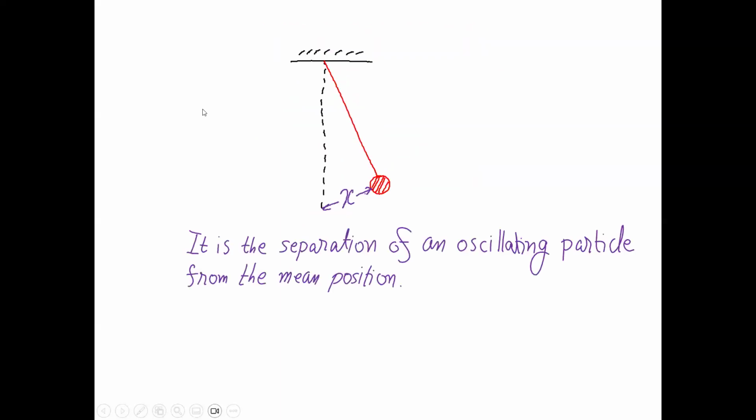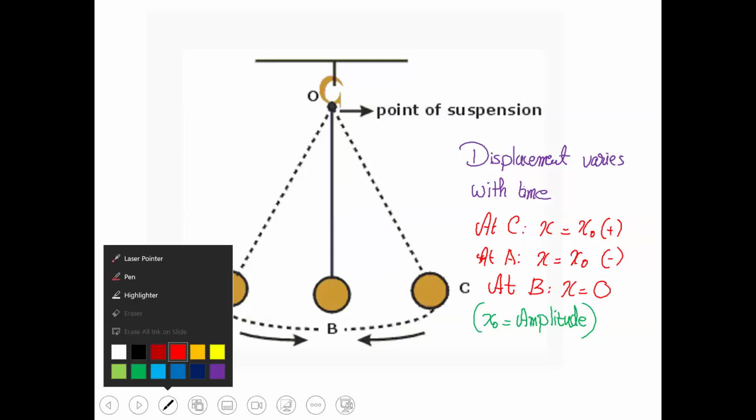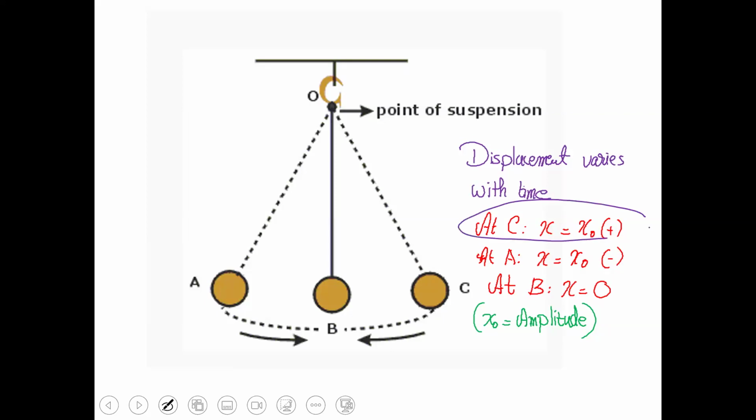Now, the first title which has to be explained is displacement. Displacement is the separation of an oscillating particle from the mean position. At the position C, displacement is x naught. At the extreme position, displacement is maximum, it is the amplitude.